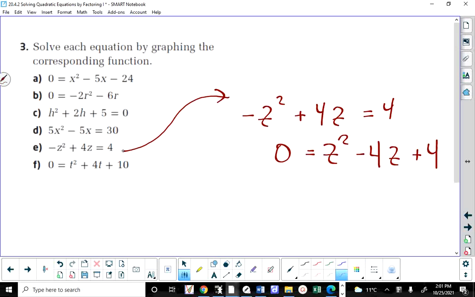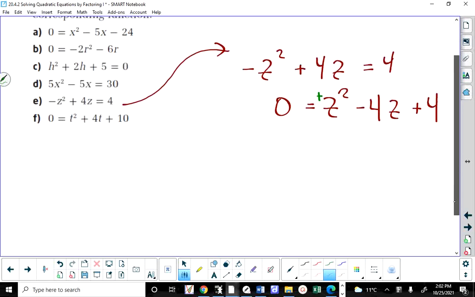What I'm saying is, if you get in the habit of zeroing your quadratic equation so that the quadratic term, the term that has a squared in it, is positive, your life will be easier starting today. So I've added z squared to both sides, and I've subtracted 4z from both sides, so I'm left with that.